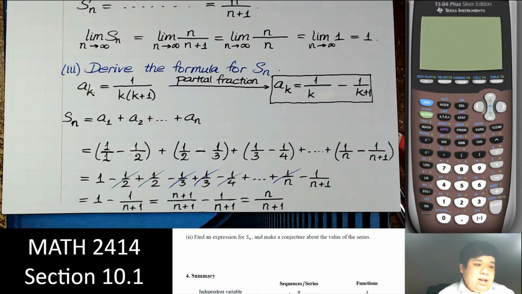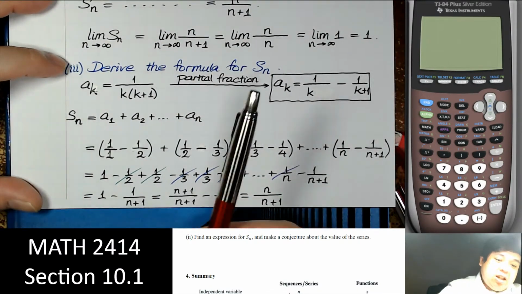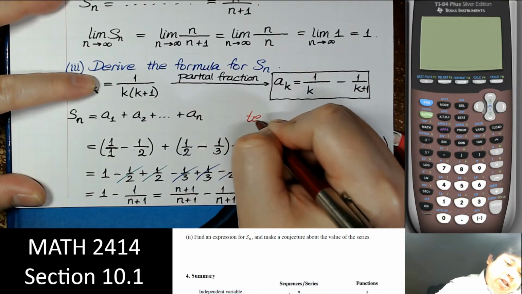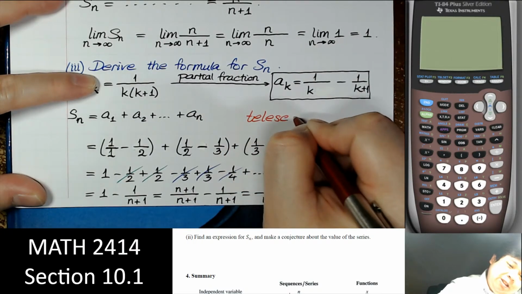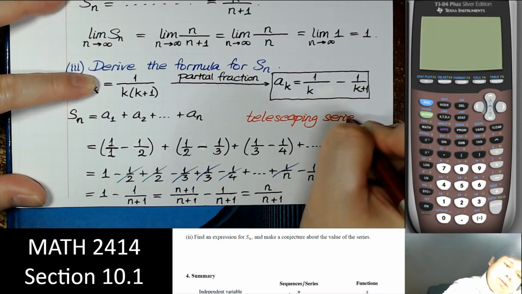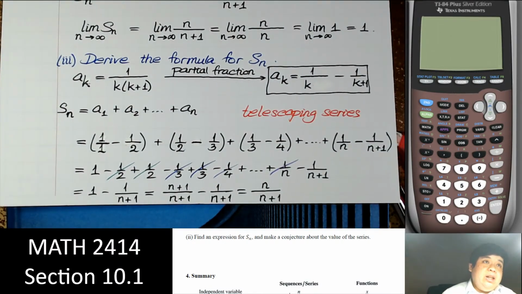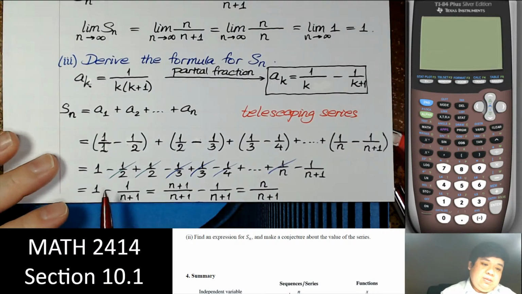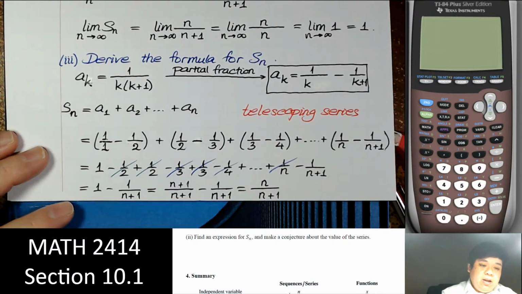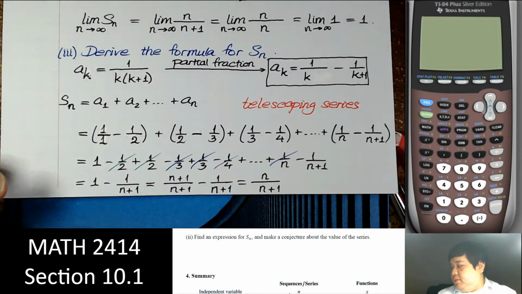So that is the formula for the partial sum, and this kind of series is called a telescoping series, meaning that terms cancel out and essentially we just have the first and the last term. And if n goes to infinity, that will be the sum.